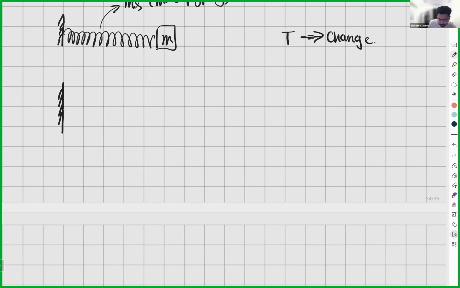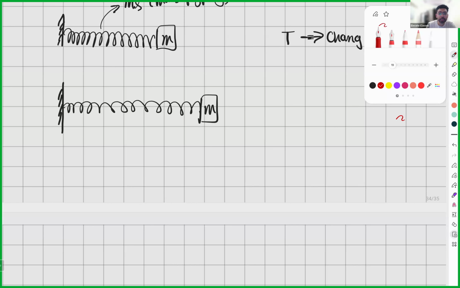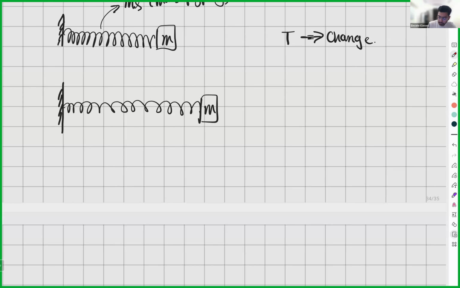Suppose this system is set into oscillation by displacing it through some amount, and you have released. So it will undergo oscillations, right? Let us say the speed of this block is x dot, dx by dt, because this instantaneous displacement is small x.